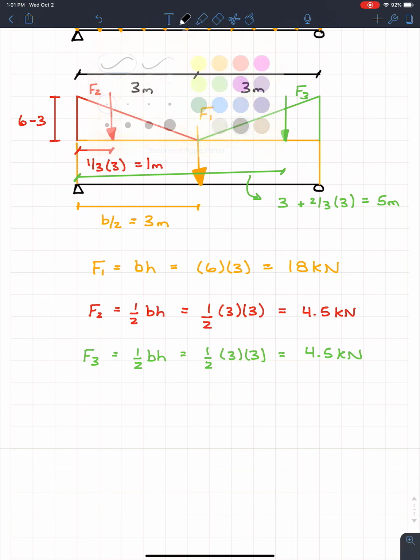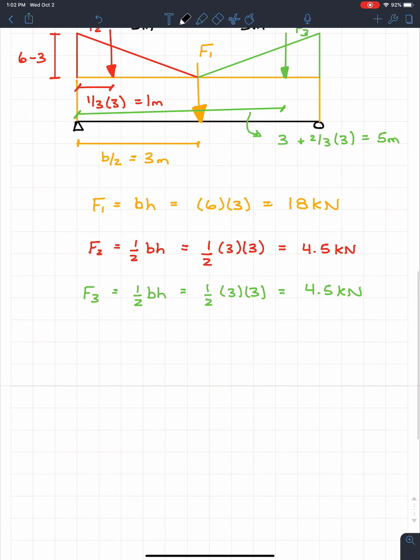All right, so now we have all of our distributed loads conveniently in 3 separate forces with 3 specific distances. So if we're looking for the resultant force of all this, well, we can just add them together. We know that Fr is going to be equal to 18 plus 4.5 plus 4.5, which is equal to 27 kilonewtons.